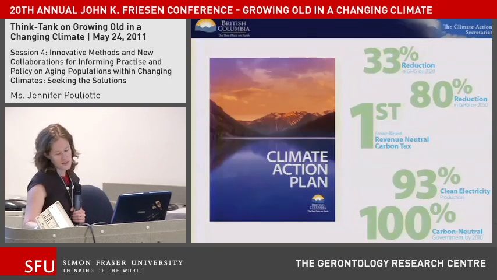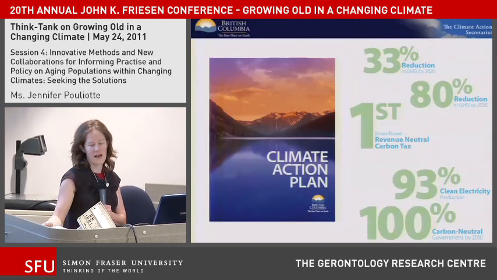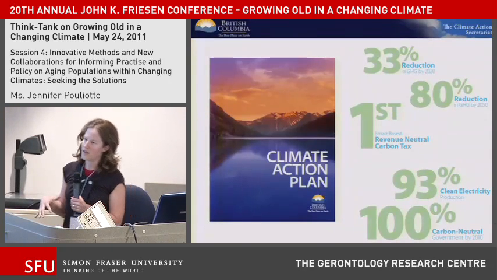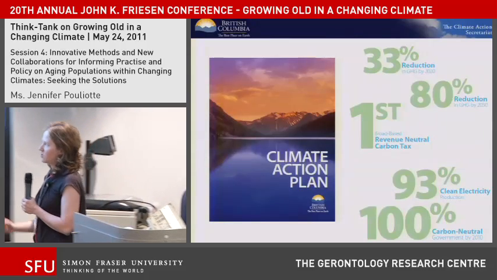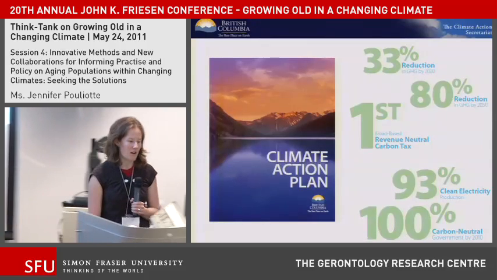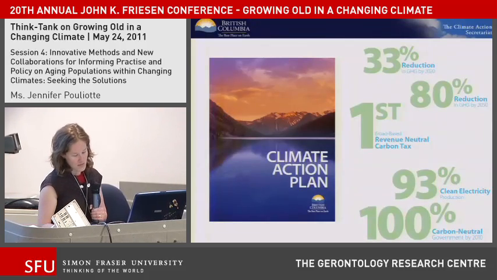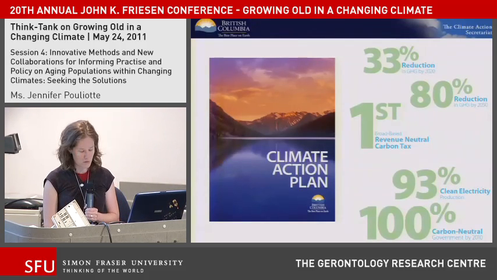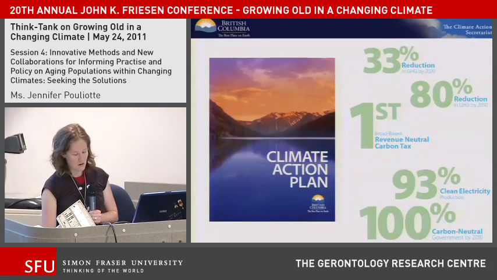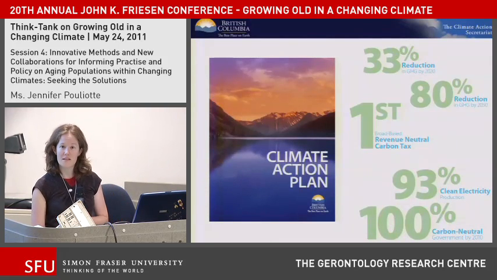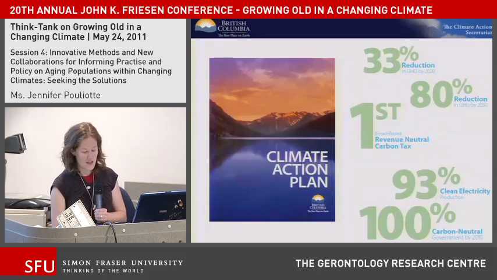BC's approaches to climate action reflect actions for both reducing our greenhouse gas emissions and adaptation. So just a little bit about our climate action plan. As a lot of you probably know, the BC government is committed to reducing our carbon emissions by 33% below 2007 levels by 2020.